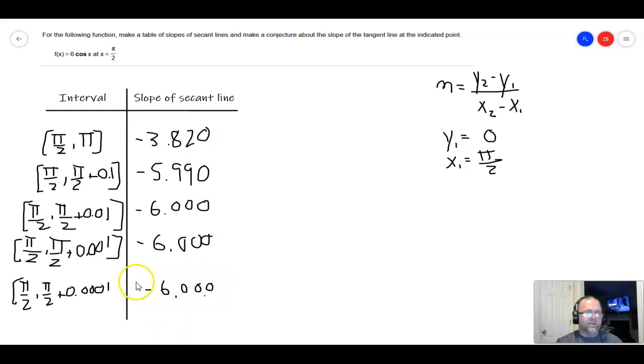You can check that on your own to make sure that you believe me. And then finally, we make our guess about what the actual slope of the tangent line is at pi over 2. As you can probably guess, it's negative 6.